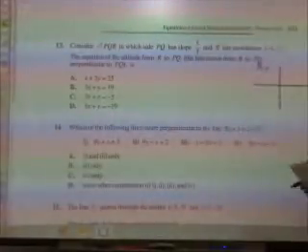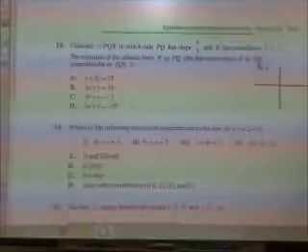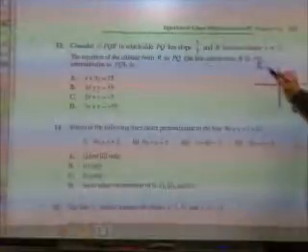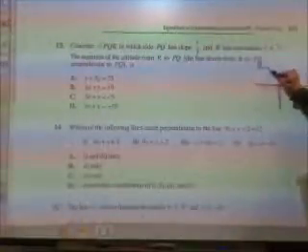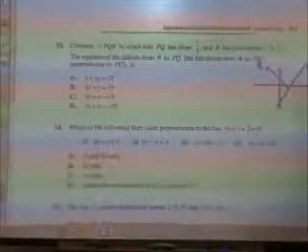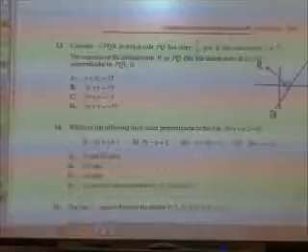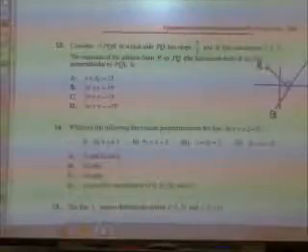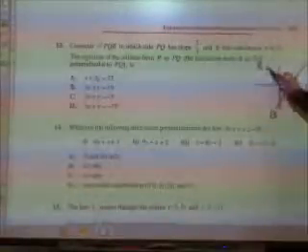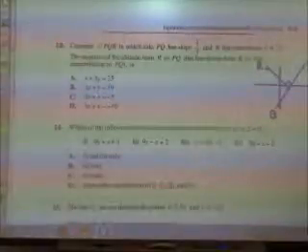So this is point R. And what I have is this line that's drawn from R that hits PQ. So let's say this is P and Q. It's going to create a 90-degree angle. So sketch-wise, that's kind of what it looks like. And then my triangle could be like this.